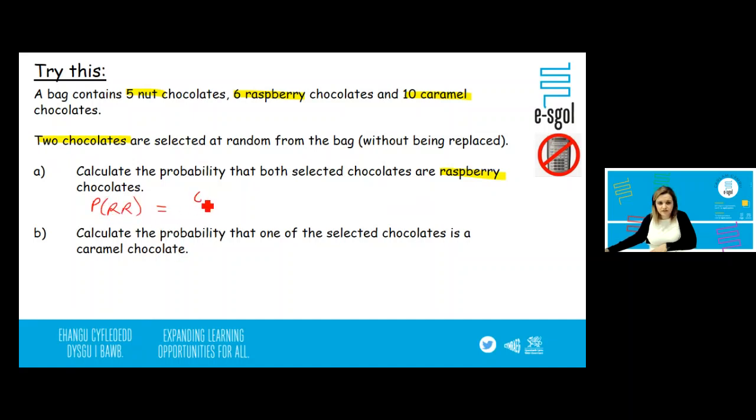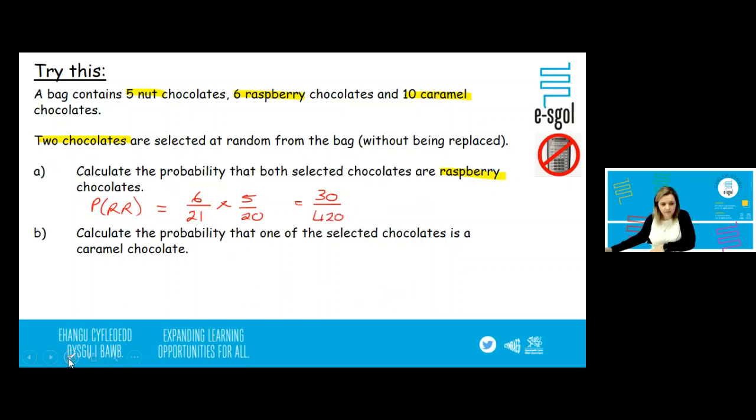So there are 6 to start with out of 21. So if you've taken the raspberry chocolate out and maybe you've eaten it, and then you're going on and choosing your next one, there is now only 5 left in the box out of 20 chocolates altogether. So then you're multiplying that and working it out. So 30 as your numerator, 420 as your denominator.